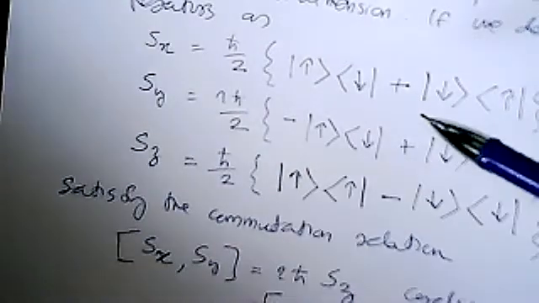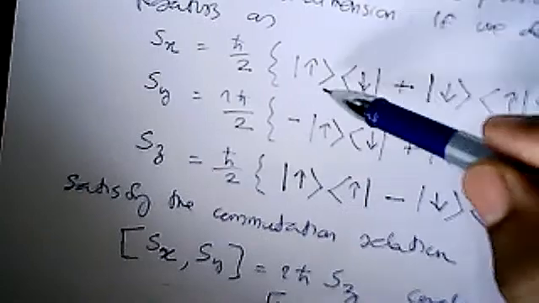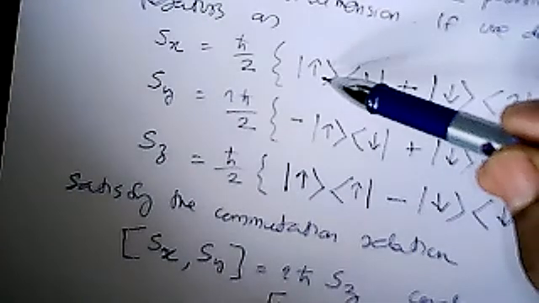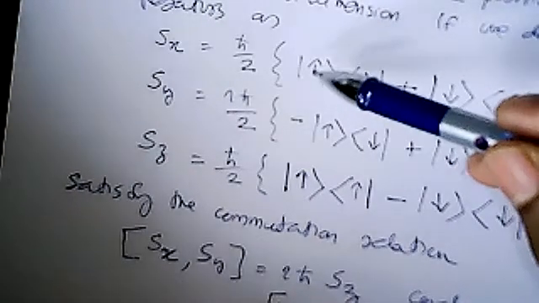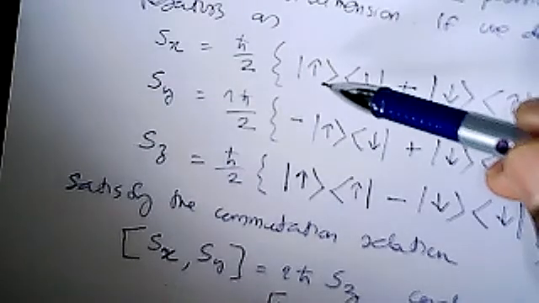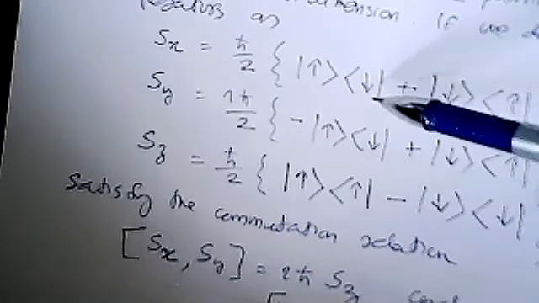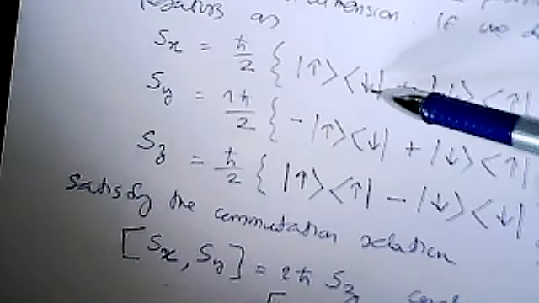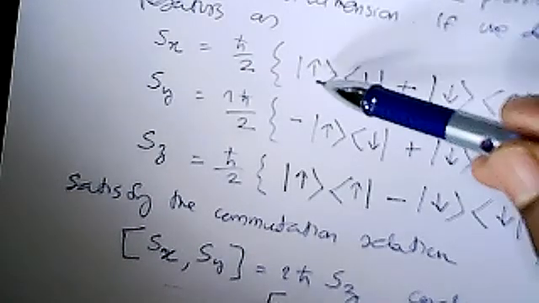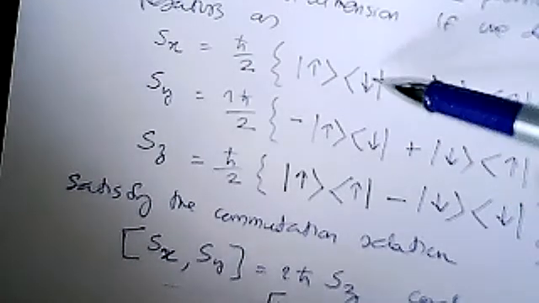We know that spin has only two states, spin up and spin down, with eigenvalues plus half ħ and minus half ħ. The up arrow shows the eigenvalue plus ħ/2, and the down arrow shows the eigenvalue minus ħ/2. So this is spin up and this is spin down.